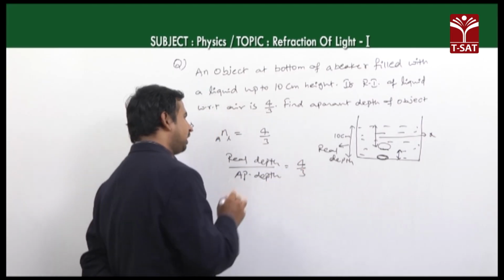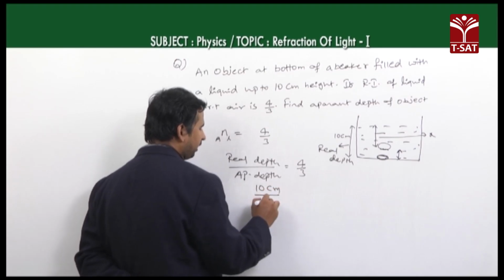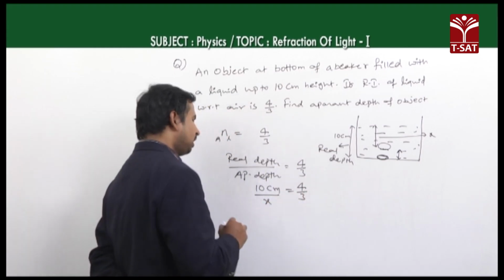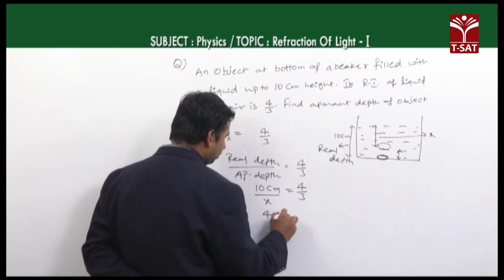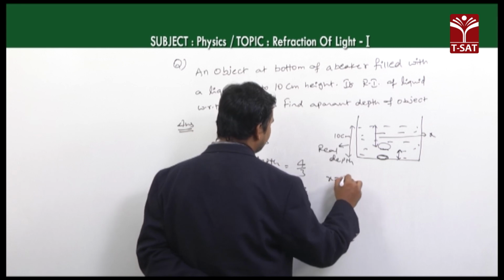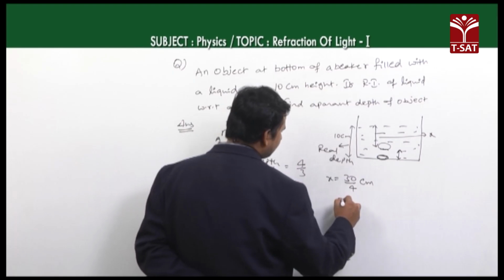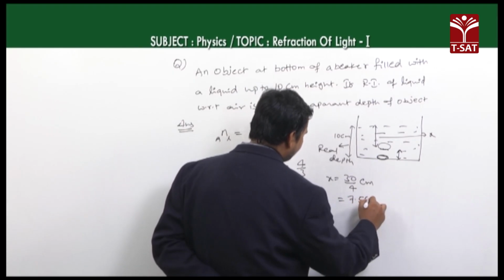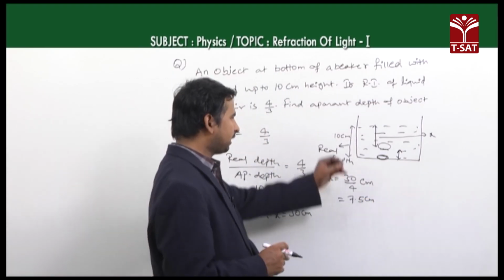The real depth is given as 10 centimeters, and the apparent depth we are taking as x, so 10/x is equal to 4/3. If you cross multiply, you get 4x equal to 3 into 10, which is 30 centimeters. Then x is equal to 30/4 centimeters, which is 7.5 centimeters.